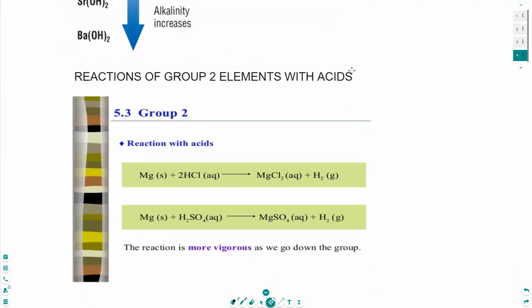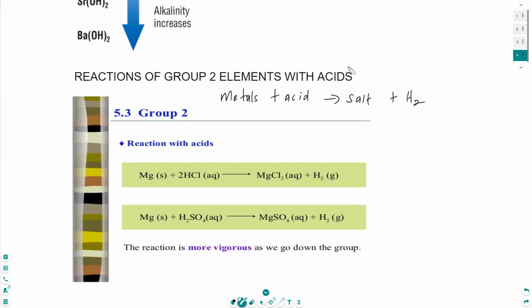Okay, next we need to see how these group 2 elements react with acids. Typically we should remember that metals react with acids to form salt and hydrogen gas.